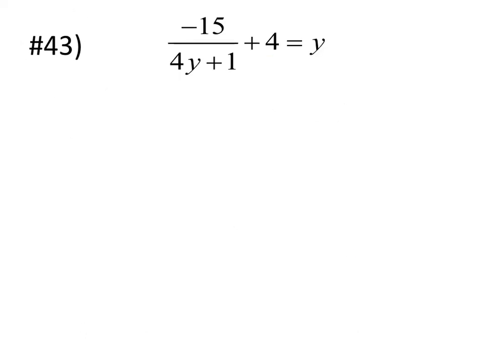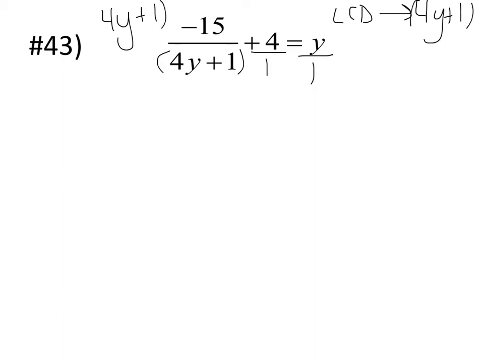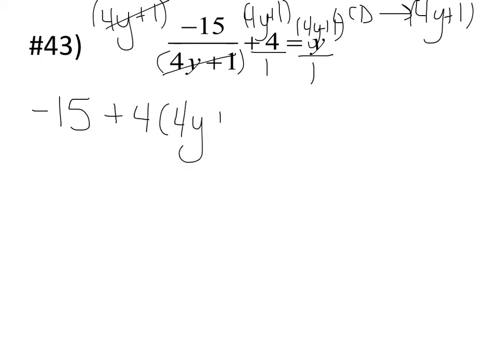Problem was messy. All right, put everything over 1 and put parentheses around your binomials. So your LCD is 4y plus 1. That gets multiplied by everything. Okay, so these cancel, leaving you negative 15 plus 4 times 4y plus 1 is equal to y times 4y plus 1.